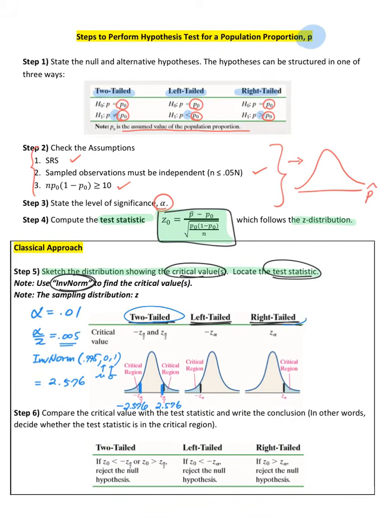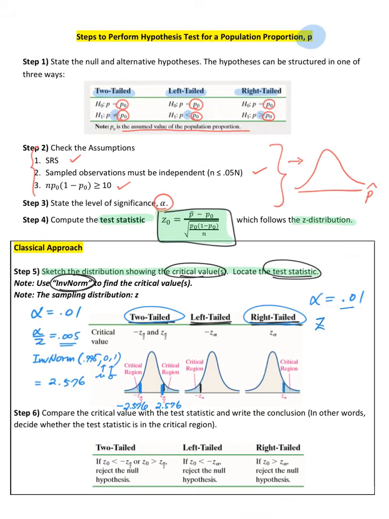Now let's look at the right-tailed test. We're again using alpha equals 0.01. For the right-tailed test, we have only one critical value on the right side of the distribution, so the area to the right of the critical value is 0.01.